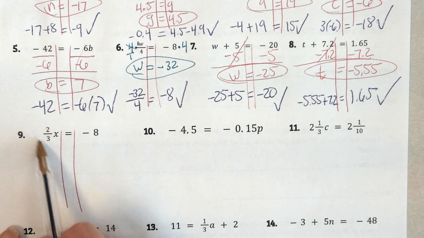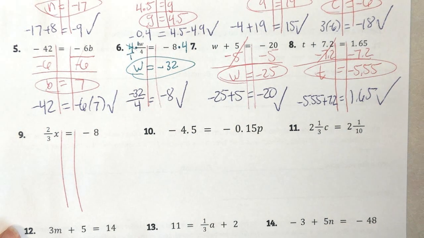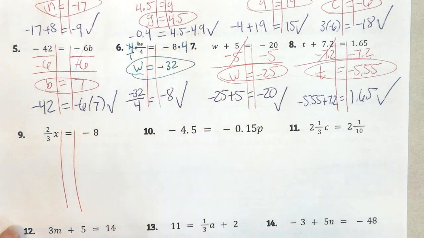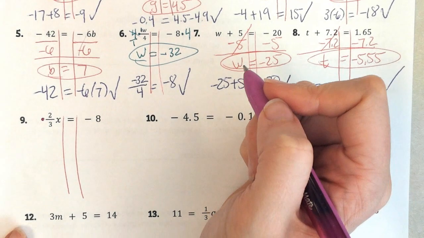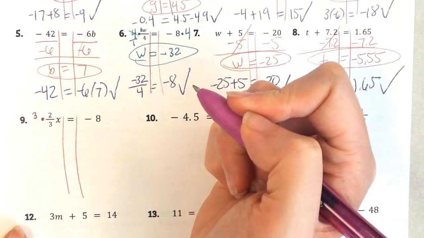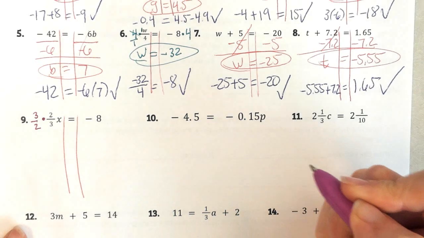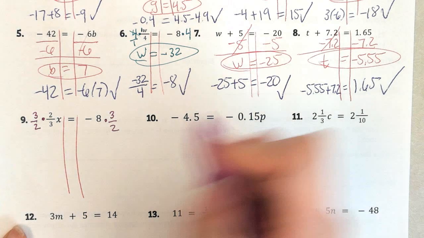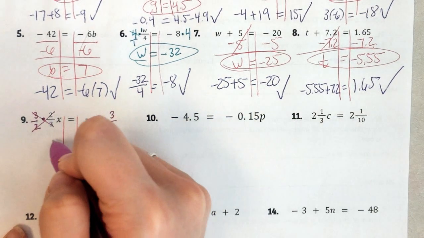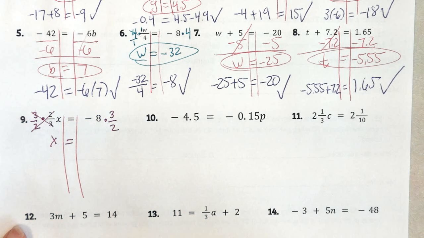Since this is a full fraction, we do have to multiply by the reciprocal. So I would multiply, and the reciprocal means we flip it upside down. So the top is now 3 and the bottom is now 2. What I do to one side, I do to the other. Now my 3's cancel, my 2's cancel. All I have left over here is x.